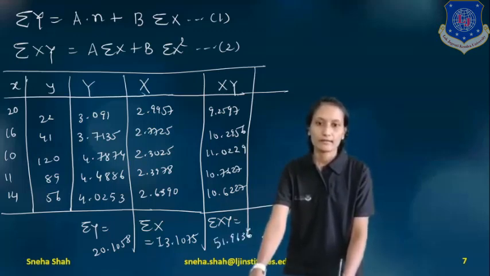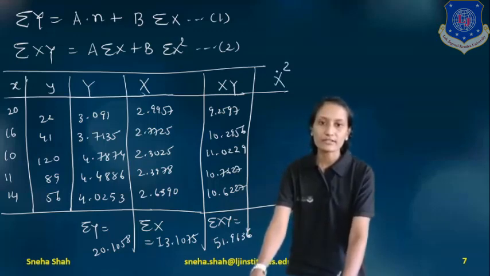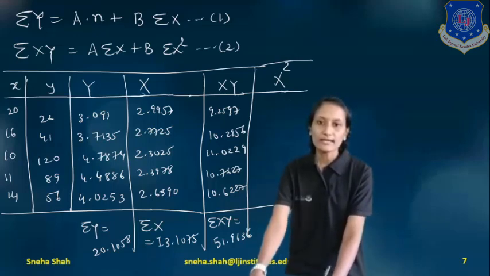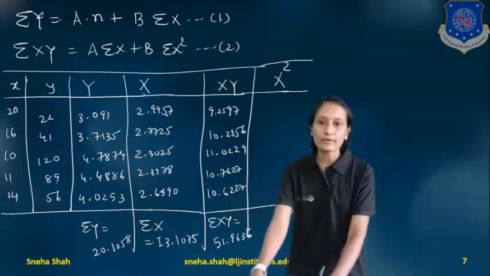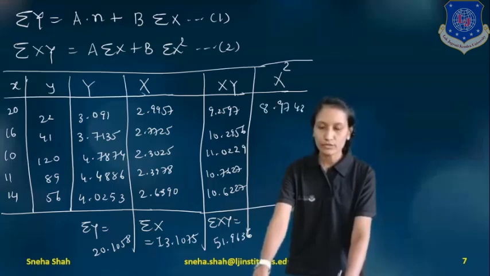Its value will be 51.9636. Now, I have to find the value of summation x square. For that, first of all, I am finding the value of x square. What is the value of x square? Here we have to take capital X, right? So I am finding 2.9957 square. Its value will be 8.9742.